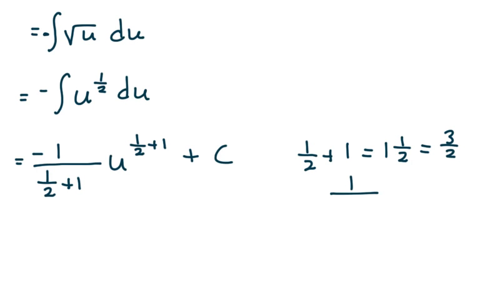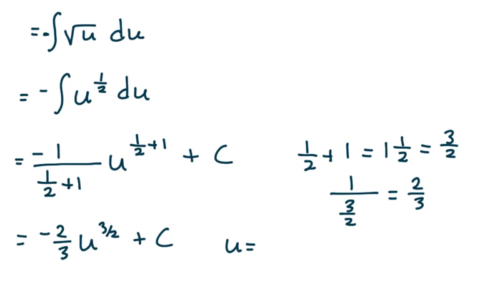And 1 divided by 3/2, when you divide by a fraction, you multiply by the reciprocal. So this is 2/3. And so this is negative 2/3 u to the 3/2 plus c.